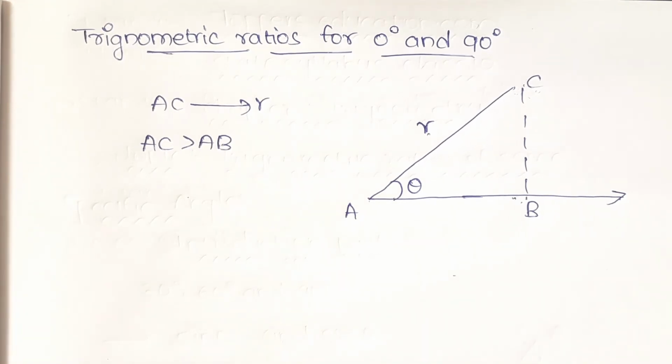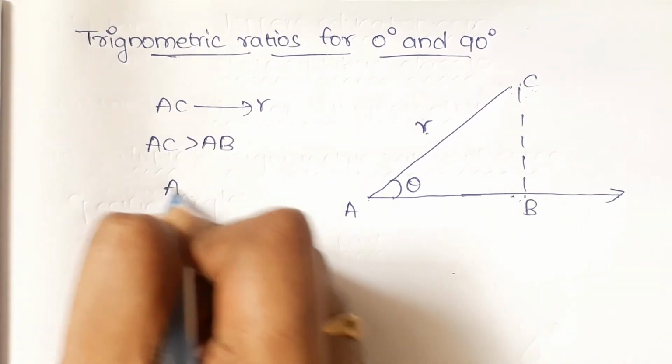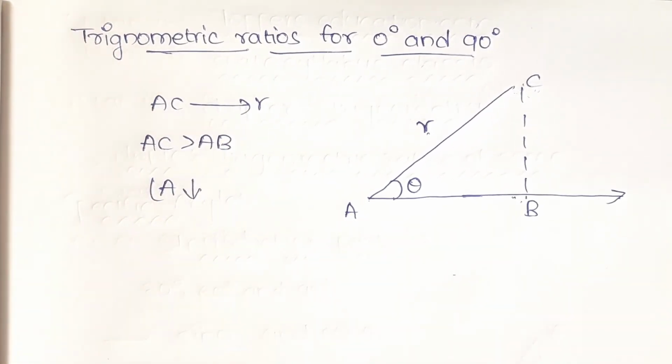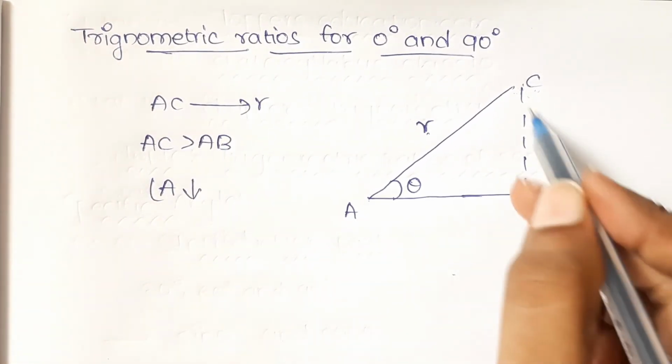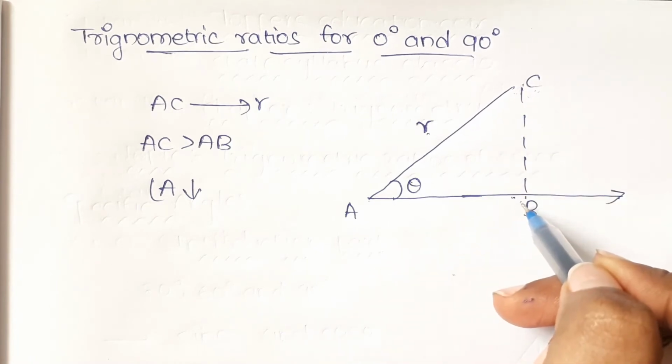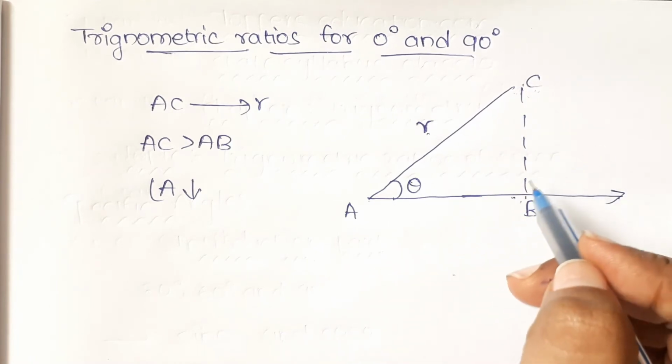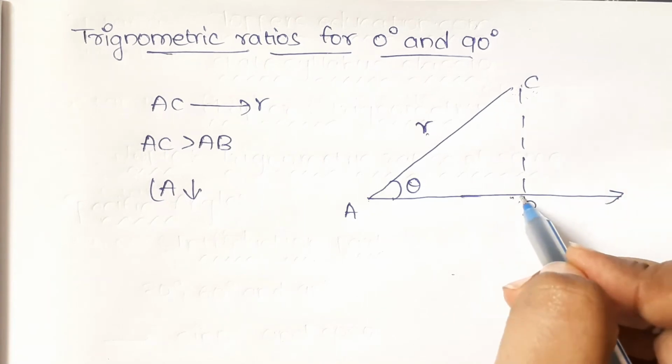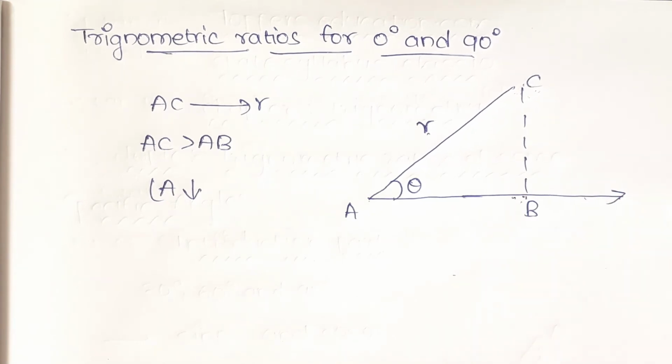As the angle A decreases, the height of C from AB will also decrease, and the foot B is shifted from B to B1 and B2, gradually, until the angle becomes 0.